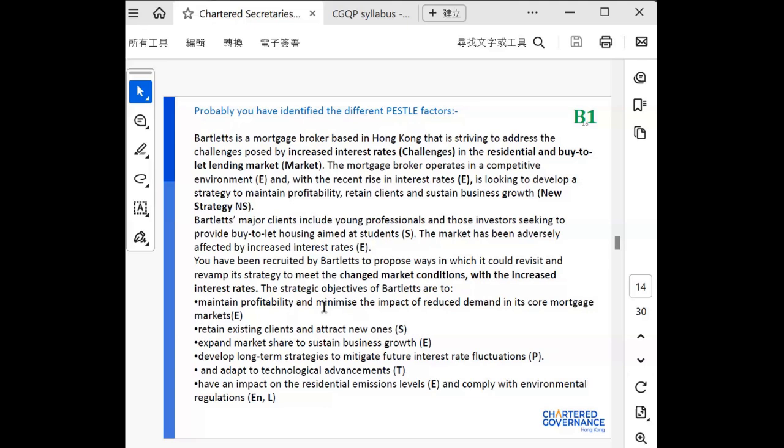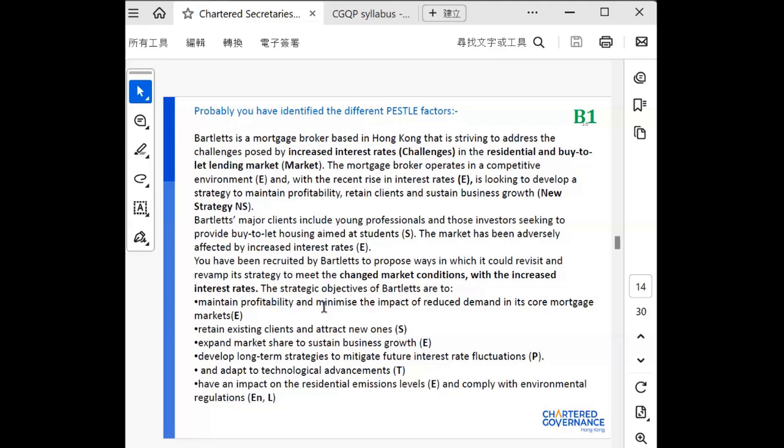They're facing the challenge or threat of increasing market rates, and the market is the residential buy-to-let lending market. So it's about the competitive environment, which is very keen, increasing interest rates, economic factors, and it's looking to develop strategies to maintain profitability.